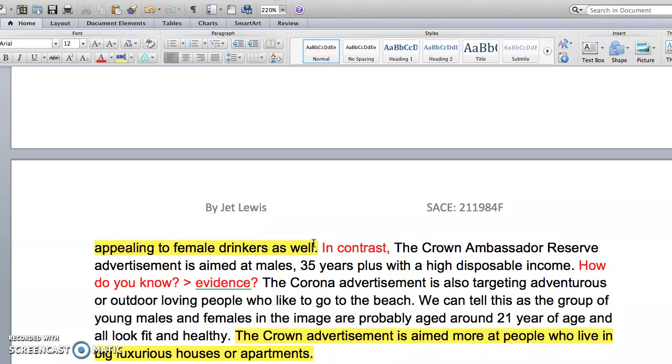You need to be showing your understanding of the beer market and that there are different segments. There's the sort of male segment, then there's the male-female segment, and obviously this Crown Ambassador Reserve is a relatively new segment of the beer market, this sort of premium beer range. That's why they've called it Reserve. Reserve has connotations of fine spirits like brandy, which obviously, Jet, you don't drink.